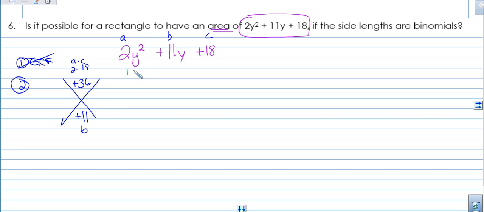We have 1 and 36, 2 and 18, 3 and 12, 4 and 9, 5 and nothing, 6 and 6. Okay? Now, we need the numbers that will add to give us an 11.